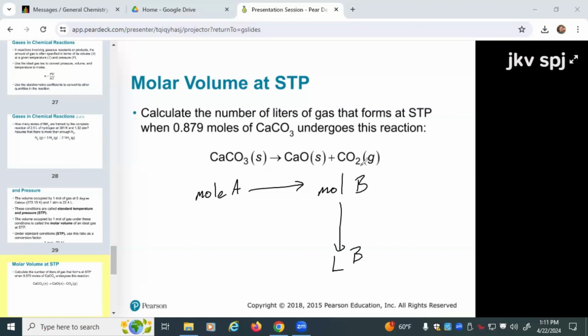So I have two calculations that I need to do here. The first, I need to turn the moles of A, which is calcium carbonate, into moles of gas. The only gas here is carbon dioxide. And then I need to turn the moles of carbon dioxide into liters of carbon dioxide.